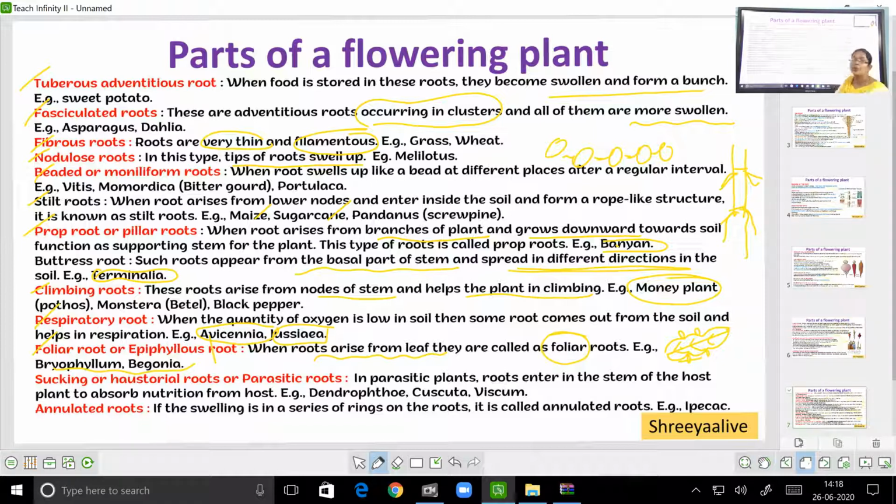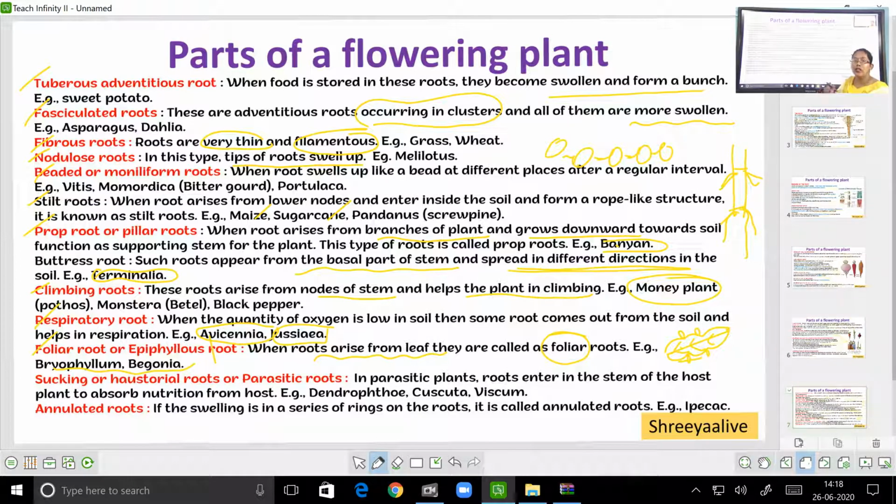Sucking or haustorial roots or parasitic roots. Parasitic plants are those plants which always grow on the surface of another plant, but they draw the nutrition from the host. So in order to draw the nutrition, they develop a root system called parasitic root or haustorial root.